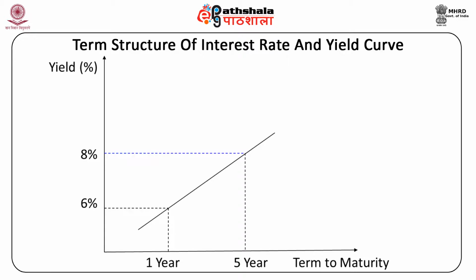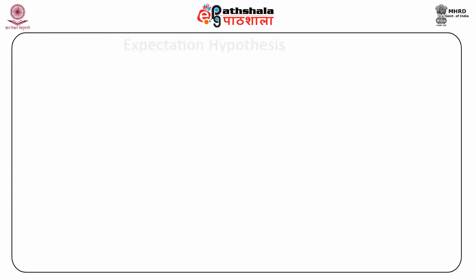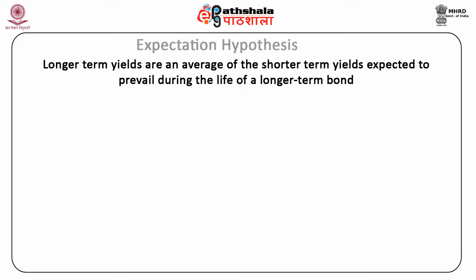We now explain theories to explain the shape of the yield curves. Expectation hypothesis. This is the first hypothesis, according to which long-term yields are an average of the short-term yields expected to prevail during the life of a longer-term bond.